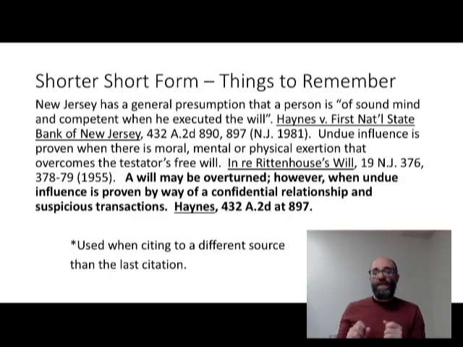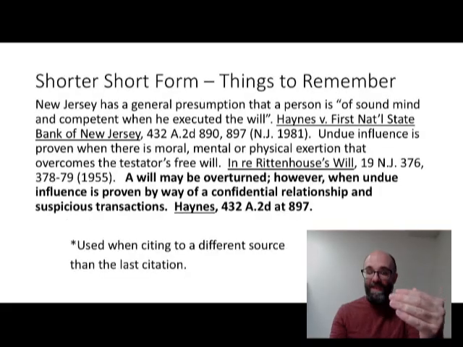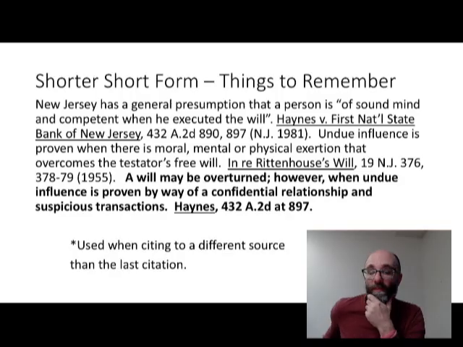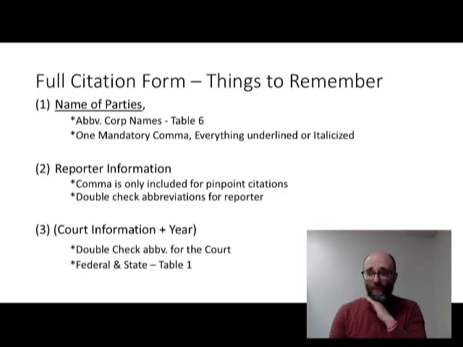But only cite the full citation form. And then later, when you're done, you change the ids and these forms a little bit later, and that makes it a little bit more simple. That way, if you have to move things around, you don't have to worry about changing the short forms, and it lets you see it a little bit better. Sound good? So again, short form, longer form, full citation form, those are the keys.